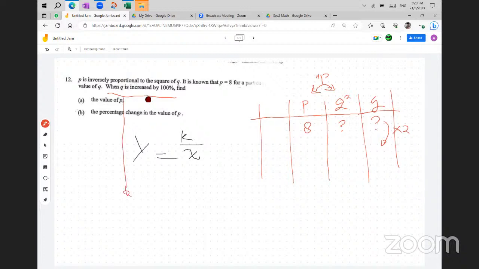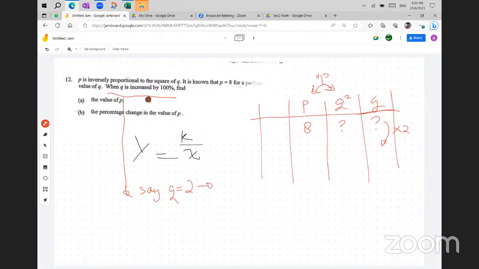Give me a random number. 2. Okay, let's say Q is 2. You don't know Q, but let's pretend that Q is 2. What happens when you increase 2 by 100%?